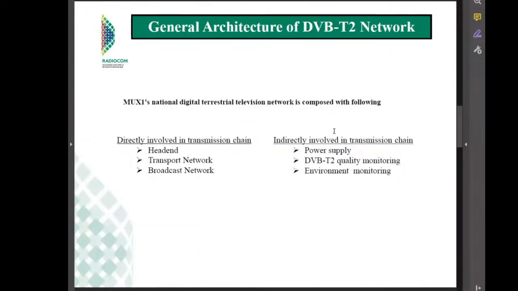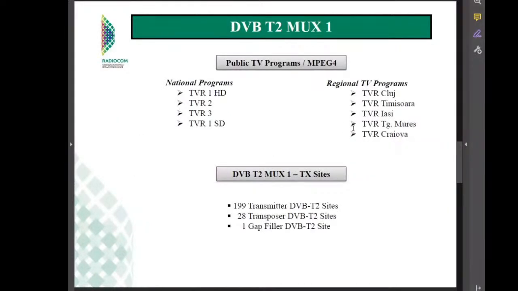Right now we have a completed network with all the equipment involved in the chain, with the head end, the transport network, which is over fiber and over microwaves, all the transmitters, generators, and so on. And we distribute the public TV programs on this first multiplex in MPEG-4, 1 HD and 8 SD programs.